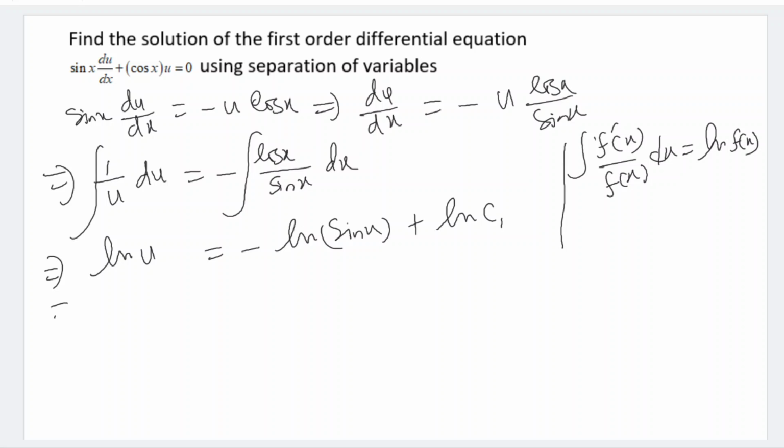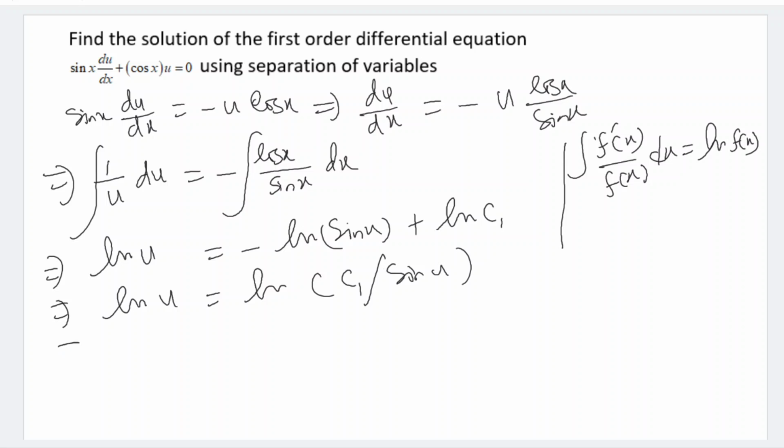So now we can say ln of u equals ln of c1 divided by sin x, because ln of a plus ln of b is ln ab, and ln of a minus ln of b is equal to ln a by b.